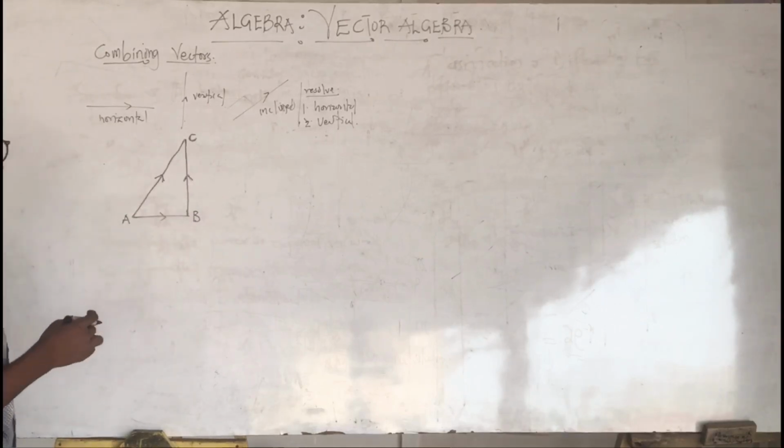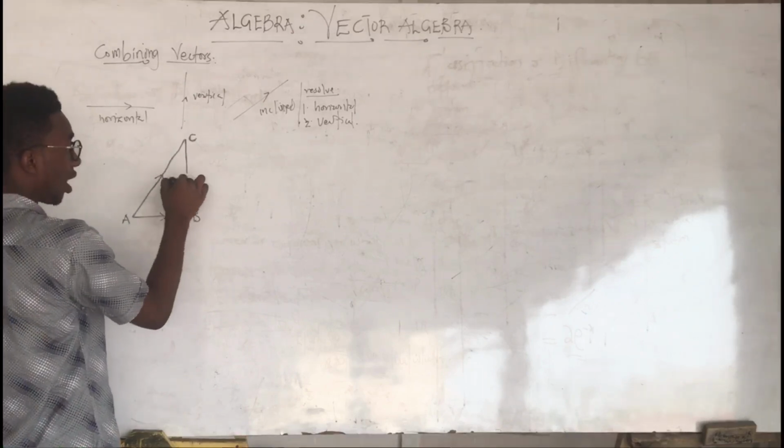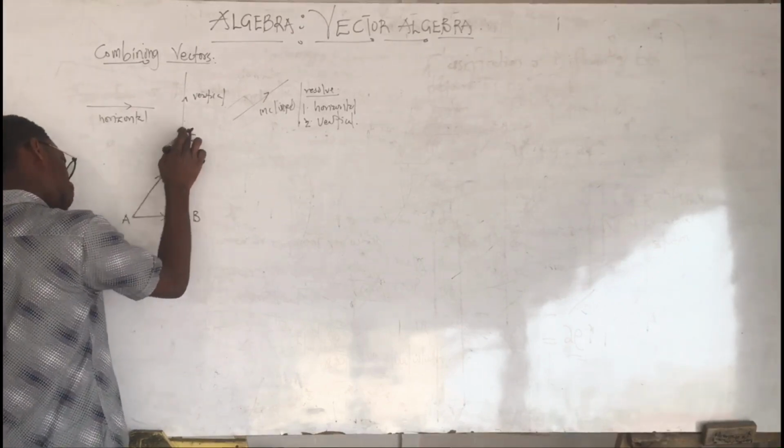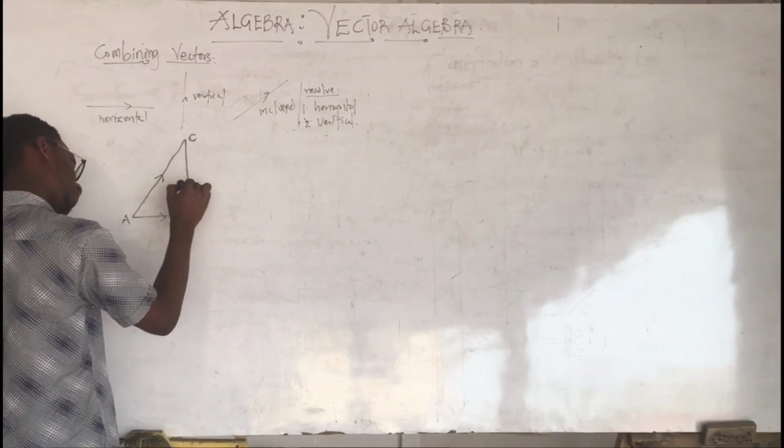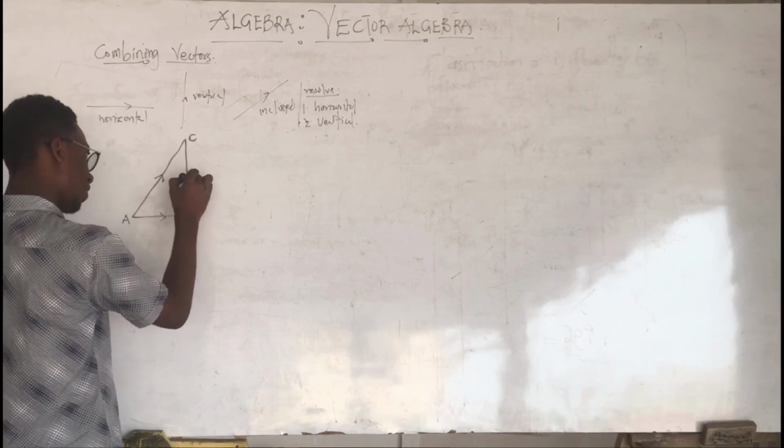Please don't put the arrows anyhow. If you put the arrow this way, you are wrong, because the inclined one is moving on to C, so all of them should point in the C direction.